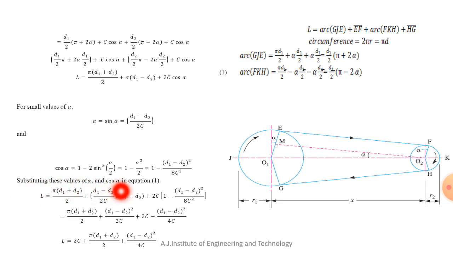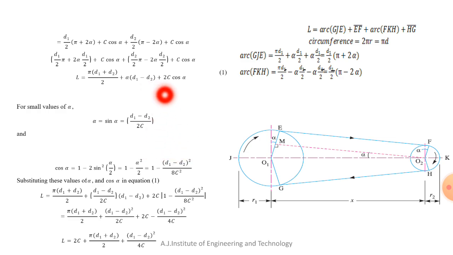Substituting the value of alpha and cos alpha in equation number 1, you consider this as equation number 1. So first term is as usual pi into d1 plus d2 divided by 2 plus alpha. In case of alpha, you have to substitute d1 minus d2 divided by 2c.